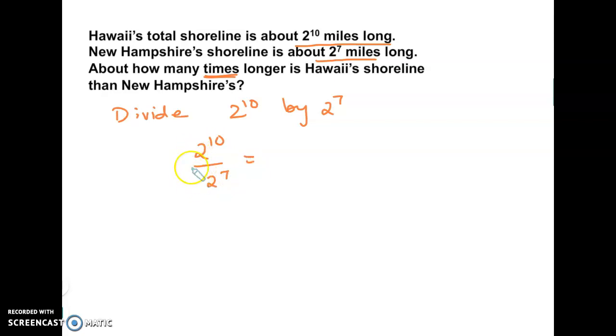When I see the same bases, I keep the base, and then I subtract the exponents, which is 10 take away 7, which gives me 2 to the 3rd exponent. 2 to the 3rd means we multiply 2 three times, which is 2 times 2 is 4, times 2 is 8.